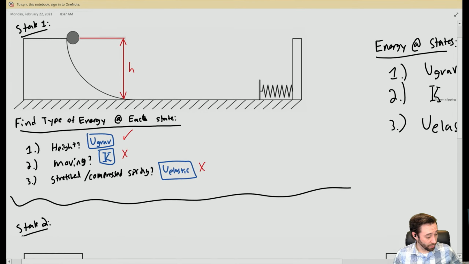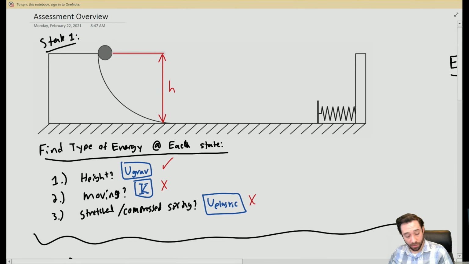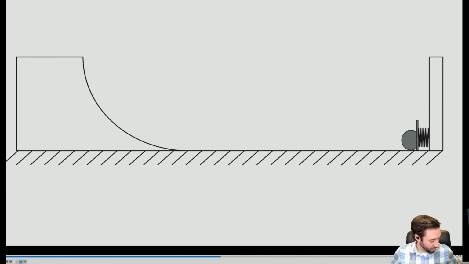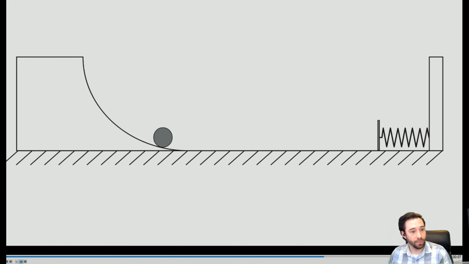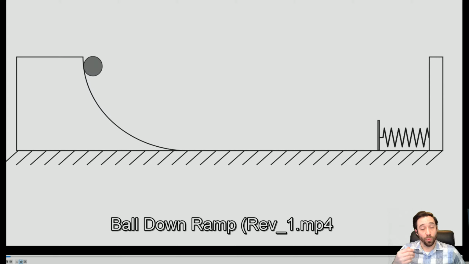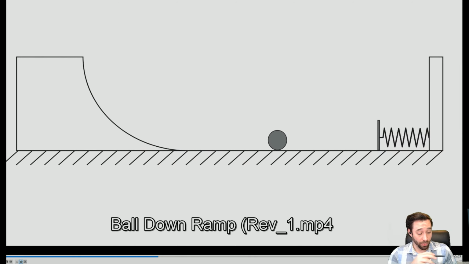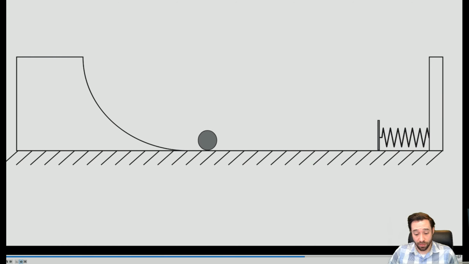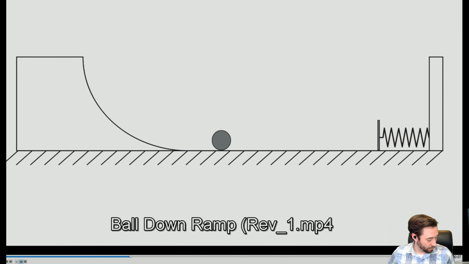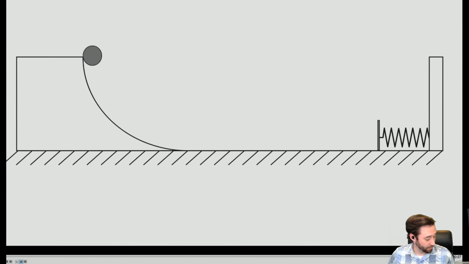So what we did was we figured out from this video what the different types of energy were at the 3 different states that we were given. So just as a reminder, state 1 was here at the beginning when it's at the top of the ramp. State 2 was when it travels all the way down, it's at the bottom of the ramp and it's traveling horizontally. So there's only a velocity there, so we have kinetic.